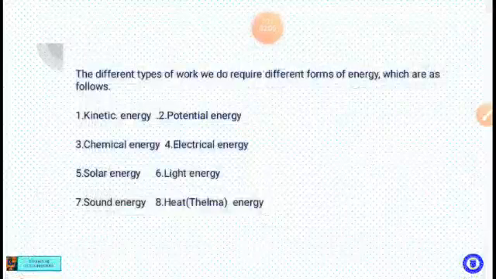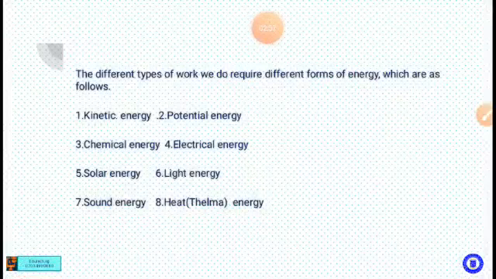Kinetic energy, 2. Potential energy, 3. Chemical energy, 4. Electrical energy, 5. Solar energy, 6. Light energy, 7. Sound energy, and lastly, number 8, which is heat energy or thermal energy.